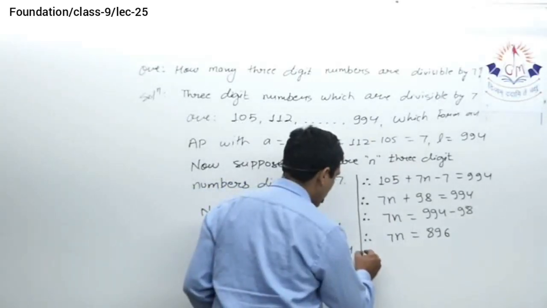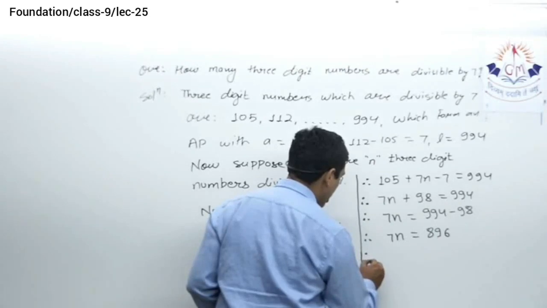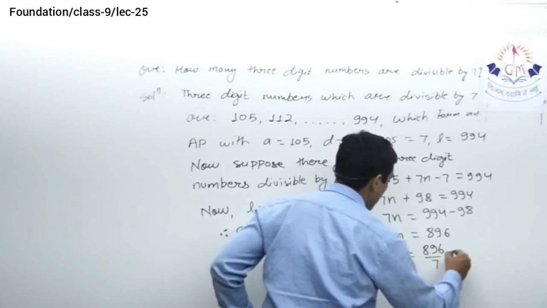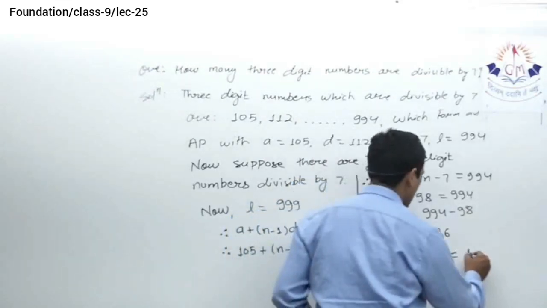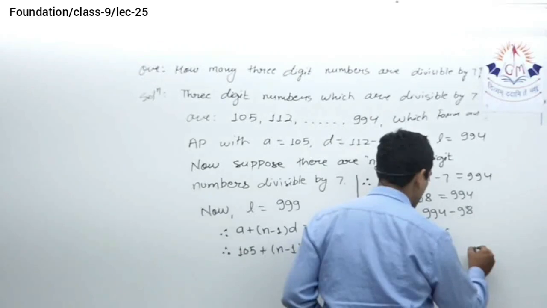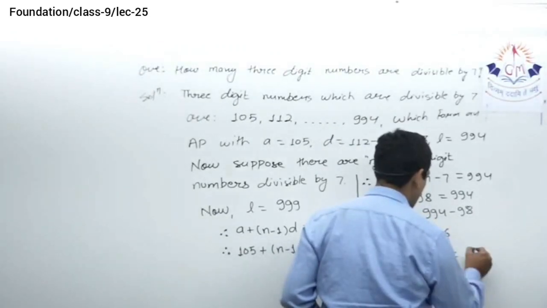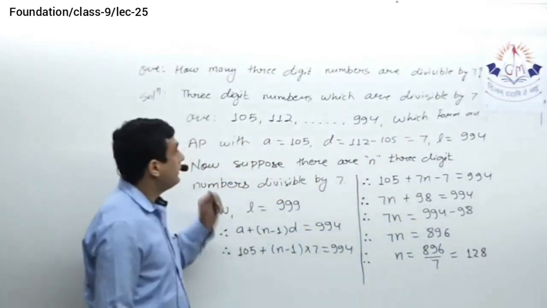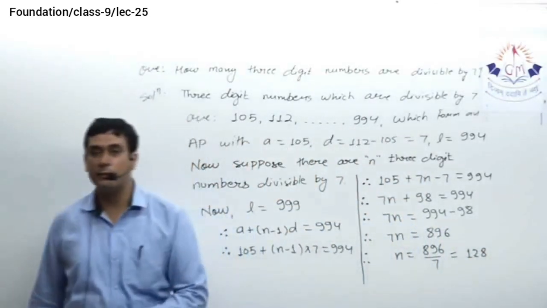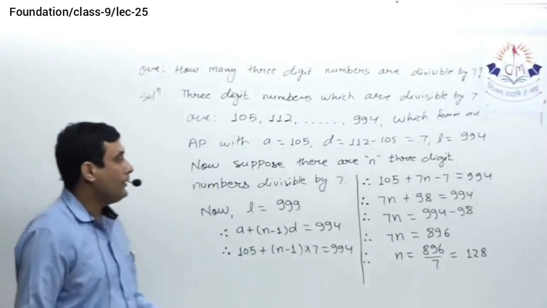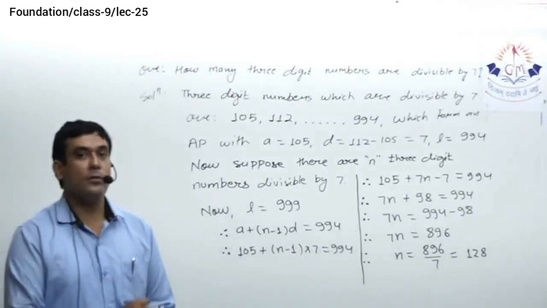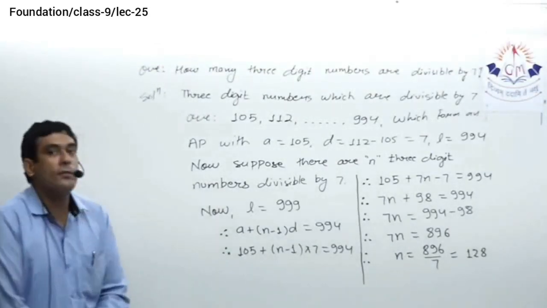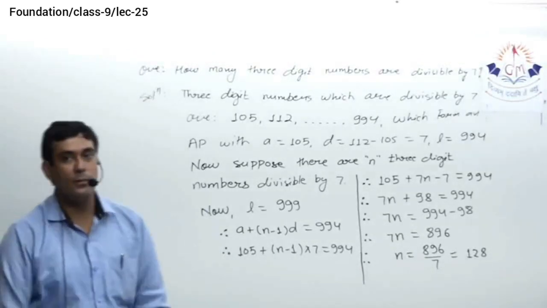Finally I am going to get the value of n. n is equal to 896 upon 7, that is 128. So we can say there are 128 three-digit numbers which are divisible by 7. Please note it down, then we'll see one more question of a similar type.